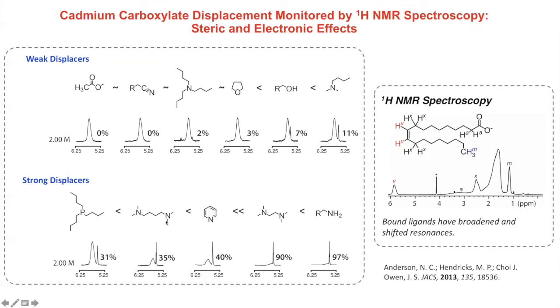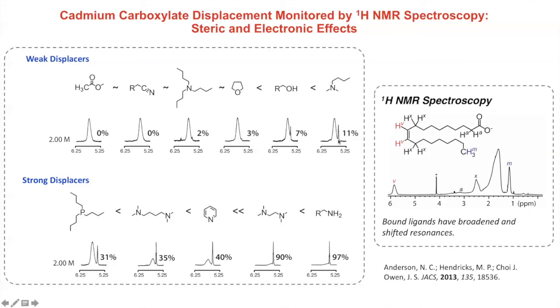But within the same trend, and so I should say actually that this was studied by looking at the NMR spectrum. So actually it's this peak here, these vinylic hydrogens near 6 ppm, he added varying amounts of these molecules and then looked at the extent to which that signal sharpens.